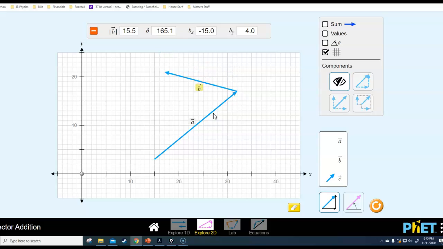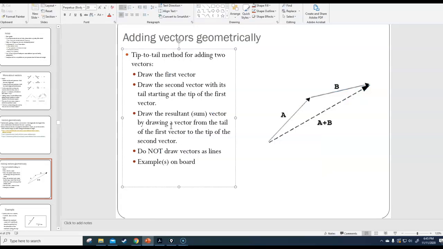Then, going back to the notes, it says to draw the resultant vector by drawing a vector from the tail of the first to the tip of the second. That's why this is called the tip-to-tail method.